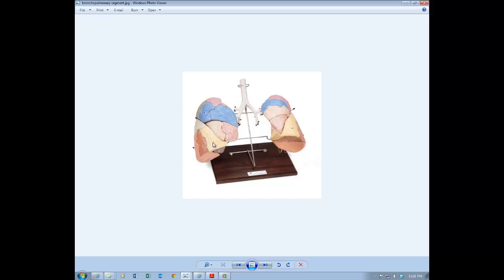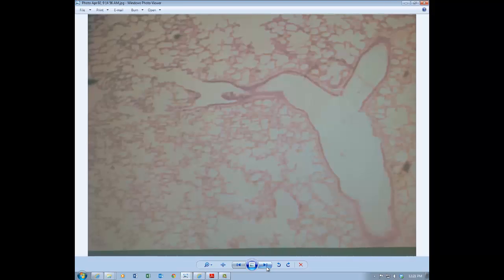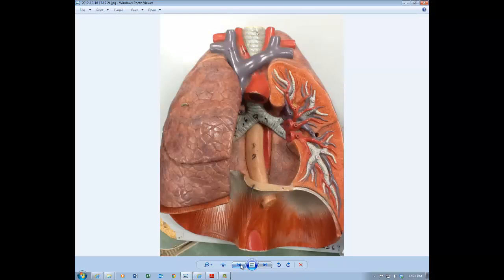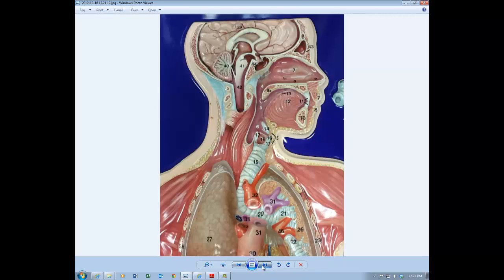So if we look at our dividing tree, we have the trachea, then the primary bronchi, then the secondary bronchi, and then those that divide each lobe of the lung are called the tertiary bronchi. So in looking at this model here, you can see we have the different divisions.